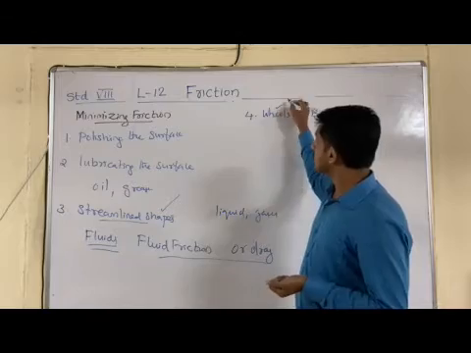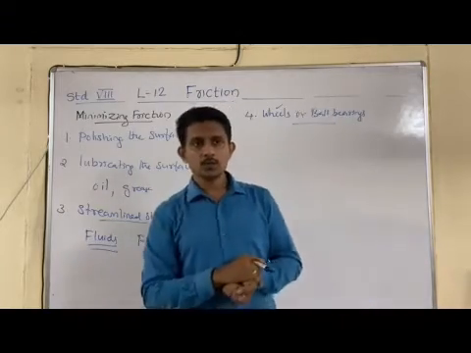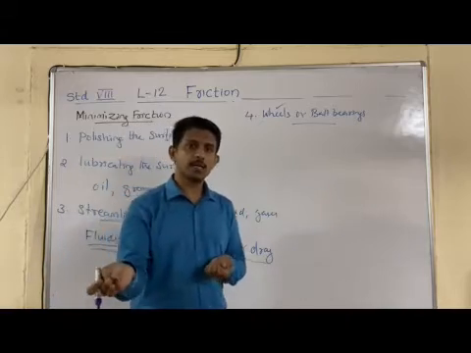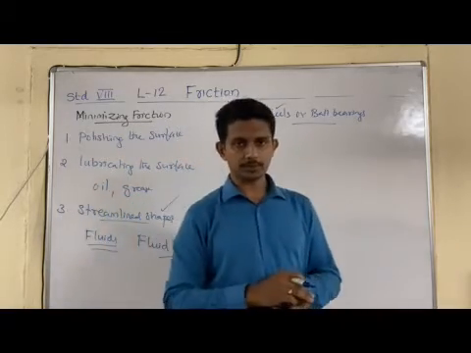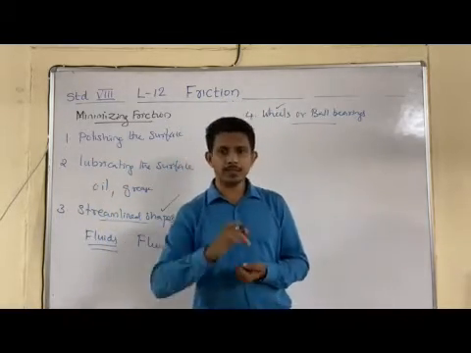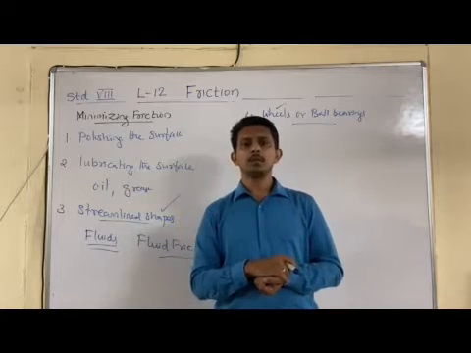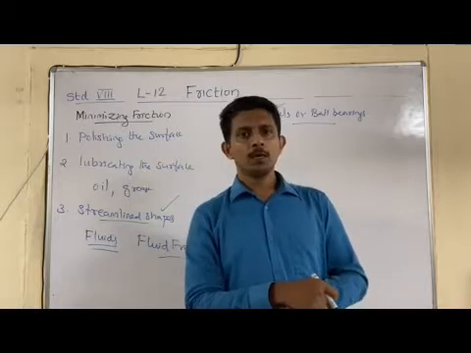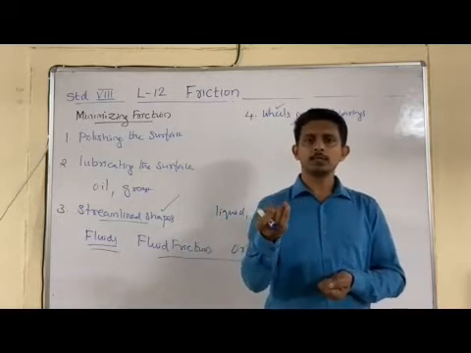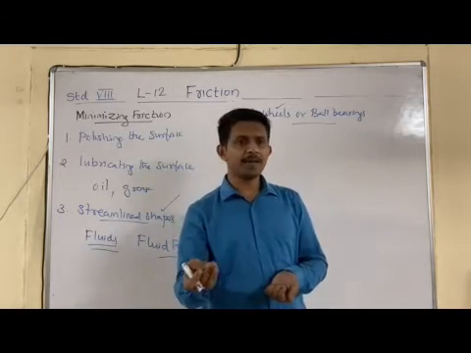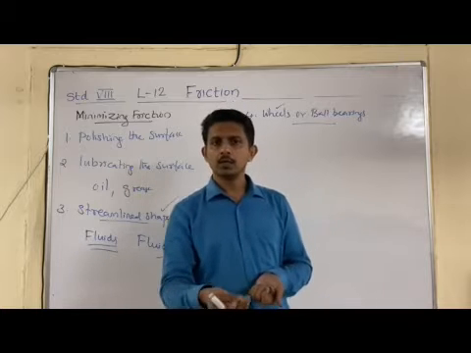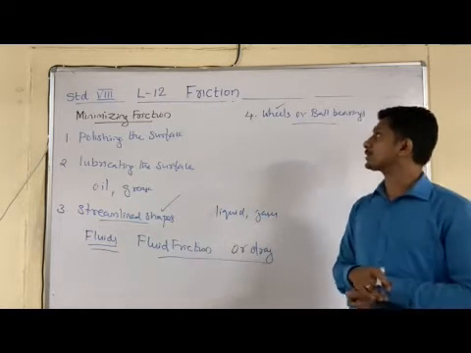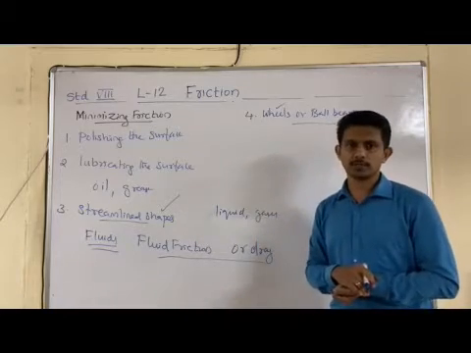That property we use in wheels. We use wheels in vehicles because rolling friction is less than any other type of friction. You have seen luggage bags fitted with wheels. Why? Because rolling friction is less than sliding friction.